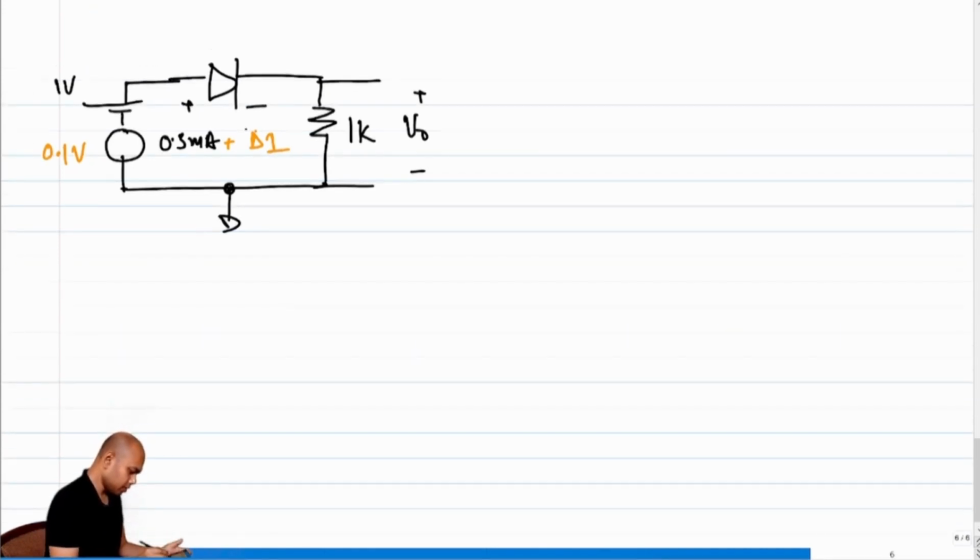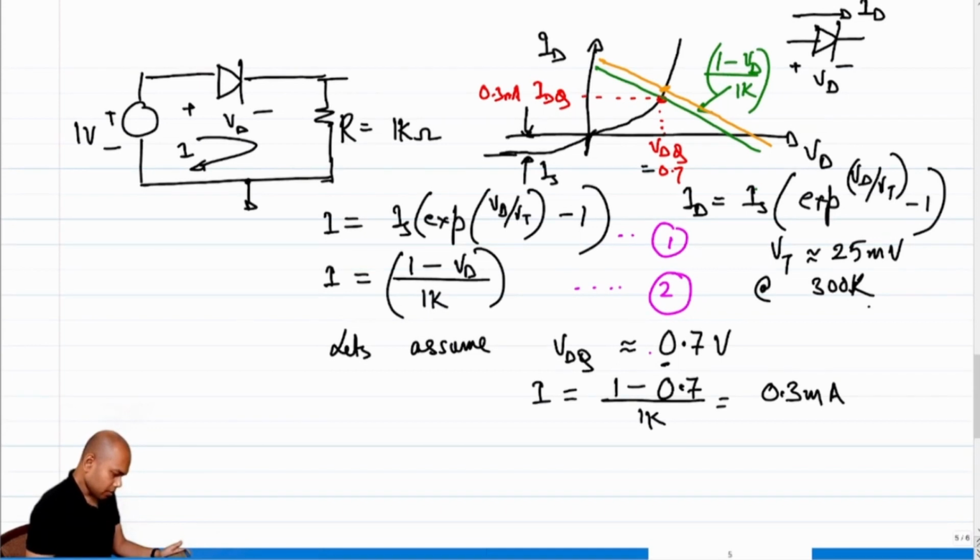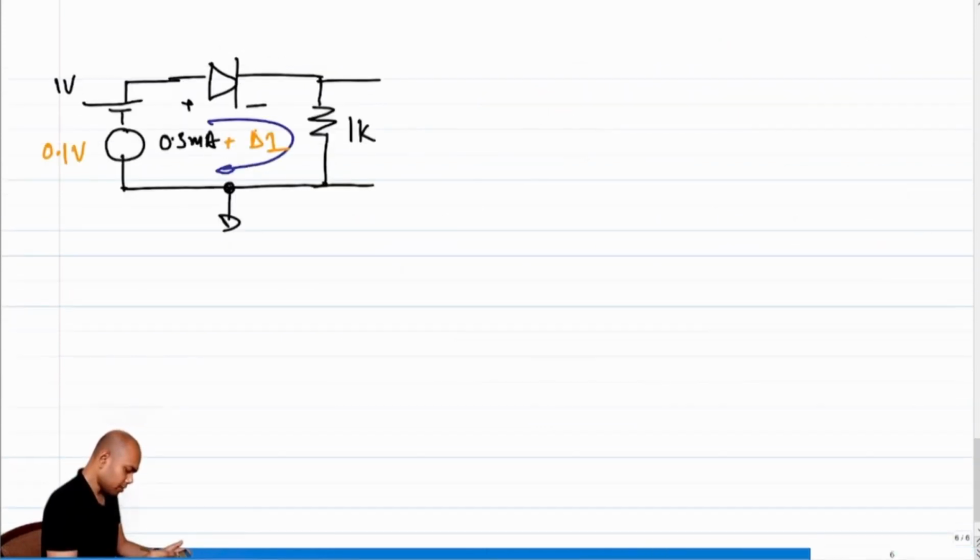So this is the current, and I knew that the voltage across the resistor, in case of 1 volt, was how much? This was 0.7, so the voltage across the resistor was 0.3 volt.